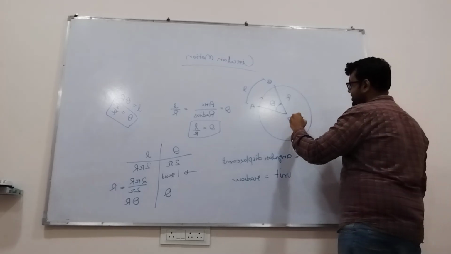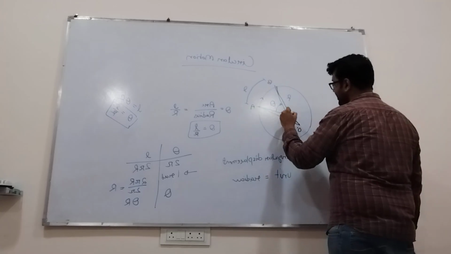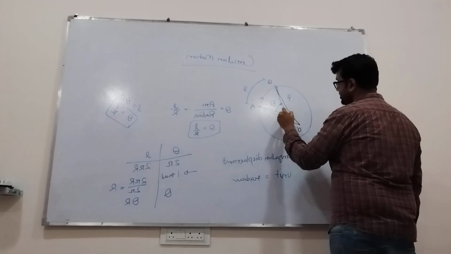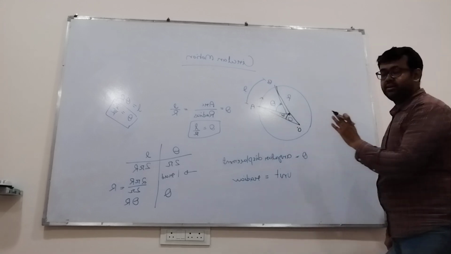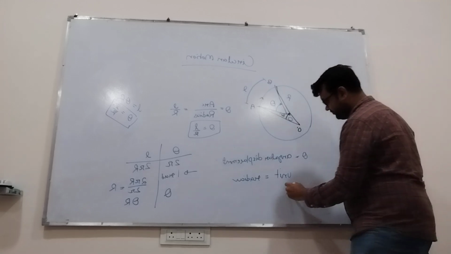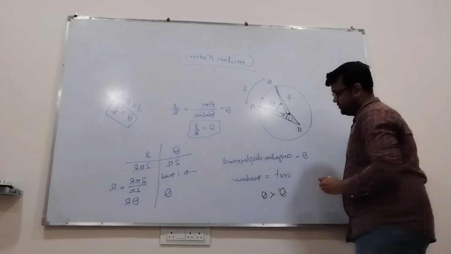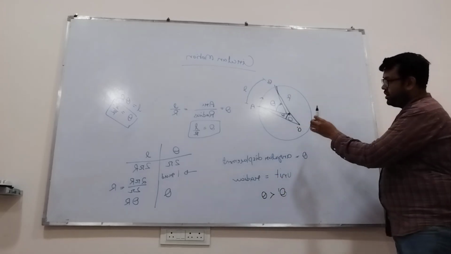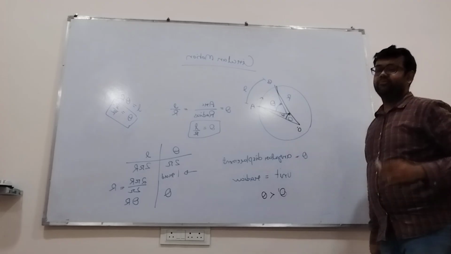If I join these 2 points with O dash, this angle theta dash, you can simply see here that theta dash is less than theta. Right? So depending on the observer, your angular displacement will be different.